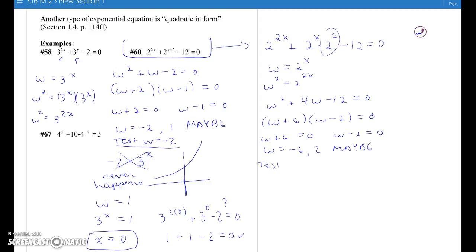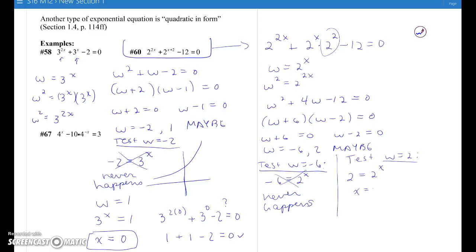So test w equals negative 6. Well, again, can negative 6 ever equal 2 to the x? No, this never happens. You can never get a negative number out of a basic exponential function. So now let's look at w equals 2, and say, well, that would be 2 equals 2 to the x.